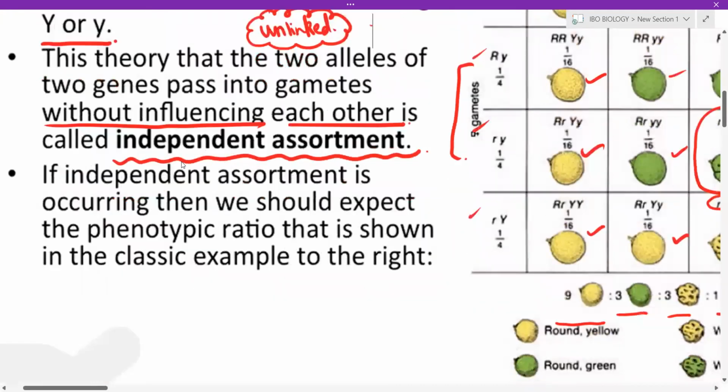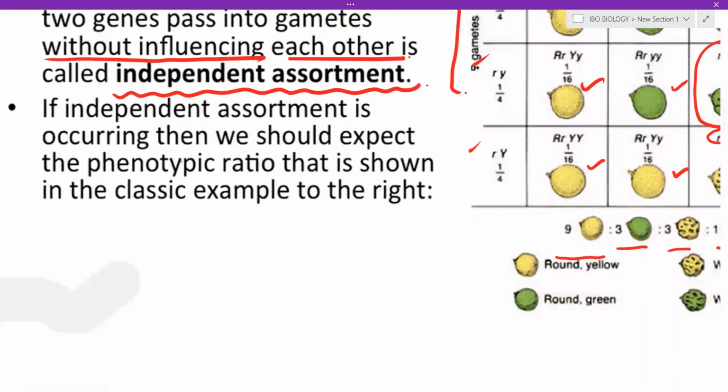These are unlinked genes. If independent assortment is occurring, then we should expect a typical phenotypic ratio. Okay, and this is a typical phenotypic ratio. And if you get this phenotypic ratio, then, for example, if you have an unknown individual being crossed with another individual, and you don't know, and you're trying to investigate whether the genes are linked or not, you can actually do a self cross for those genes, right?